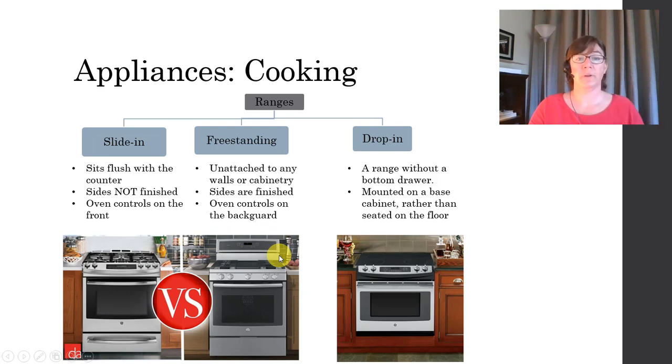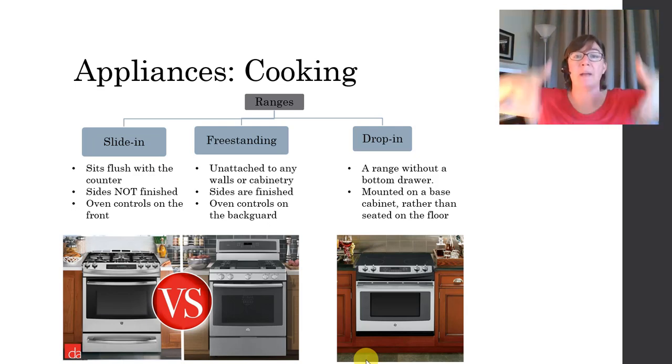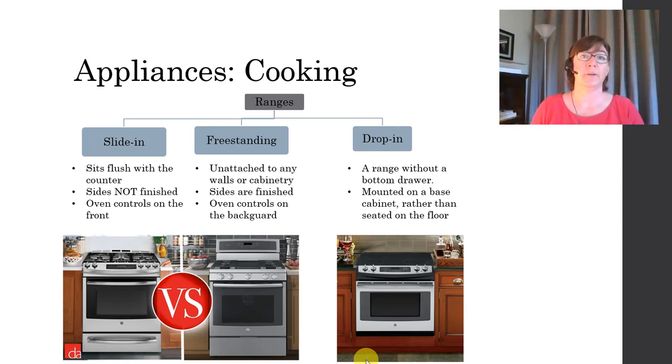The controls are on the back part. Finally, a drop-in range. This is less common, less popular. It is a range without a bottom drawer, and it's mounted on a base cabinet or a low piece down there rather than seated on the floor. So literally they drop it into this hole in your cabinets.